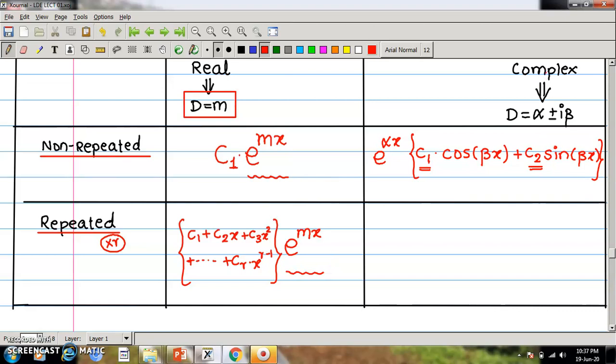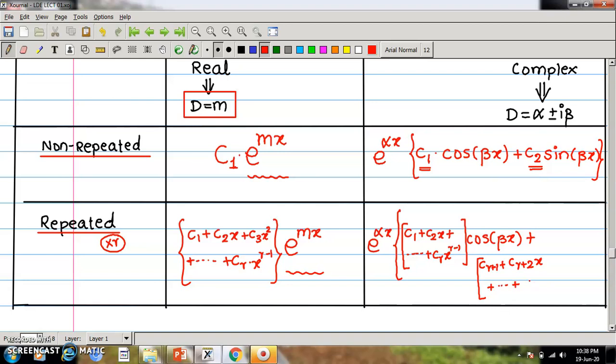Same is the case with complex repeated roots. If this root is repeated r times, the real part is e raised to alpha x as it is, and a linear combination of r arbitrary constants, so c1 plus c2x plus c3x square up to c_r x raised to r minus 1, into cos beta x, plus c_(r+1) plus c_(r+2)x and so on up to c_(2r) x raised to r minus 1, into sin beta x.